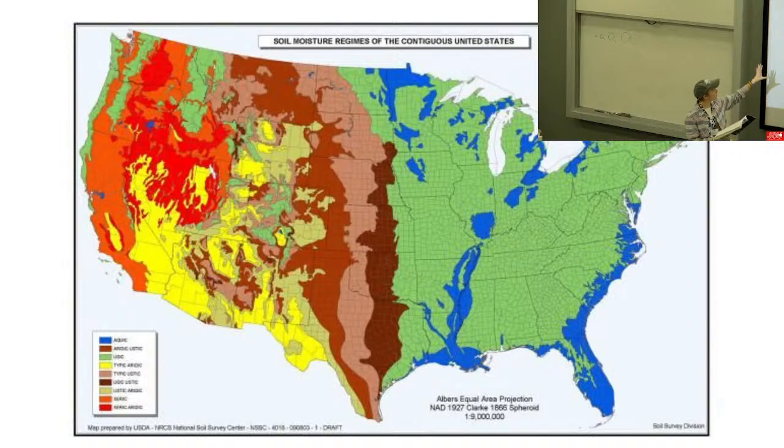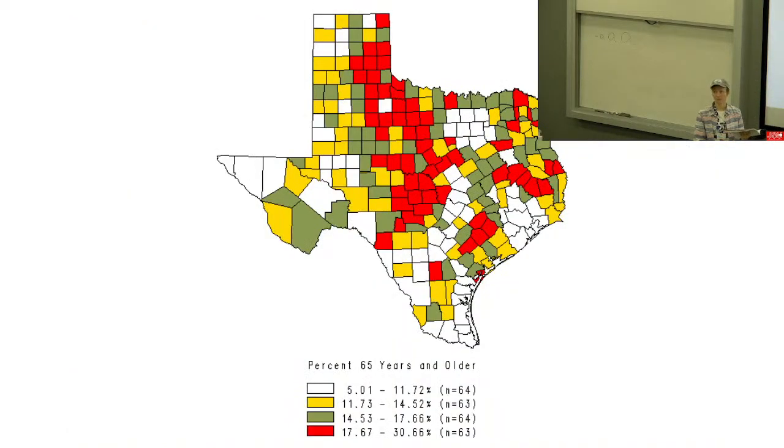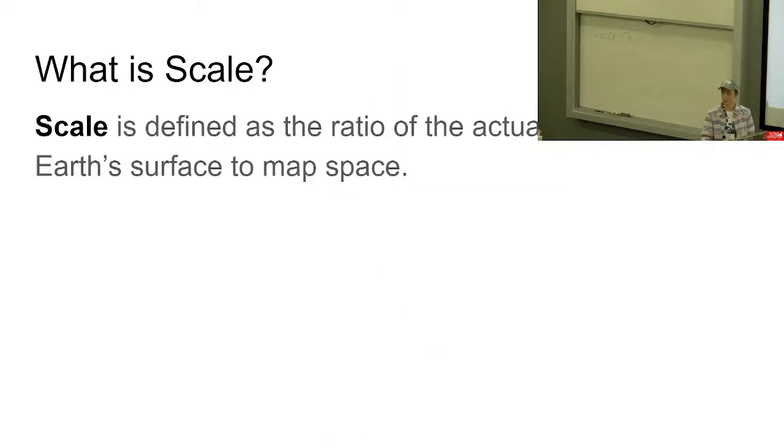So the theme here is soil, and we see that change over time. Again, this is very colorful, so that's a good thing to look out for. Here's another example. The theme here is percentage of people 75 years of age and older in Texas. Again, it's very colorful. Its theme is age in Texas.